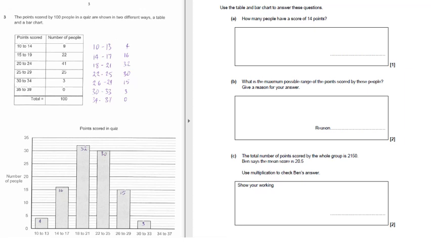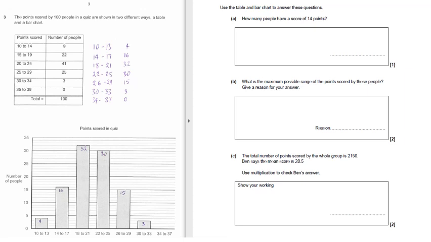The points scored by 100 people in a quiz are shown in 2 different ways, in a table and a bar chart. So in the table they're going from 10 to 14, 15 to 19, 20 to 24. But on the bar chart they're going from 10 to 13, 14 to 17. Okay, so we can't see the raw data. It's been put in the table there, and somebody else has put it in differently and then made this second bar chart.